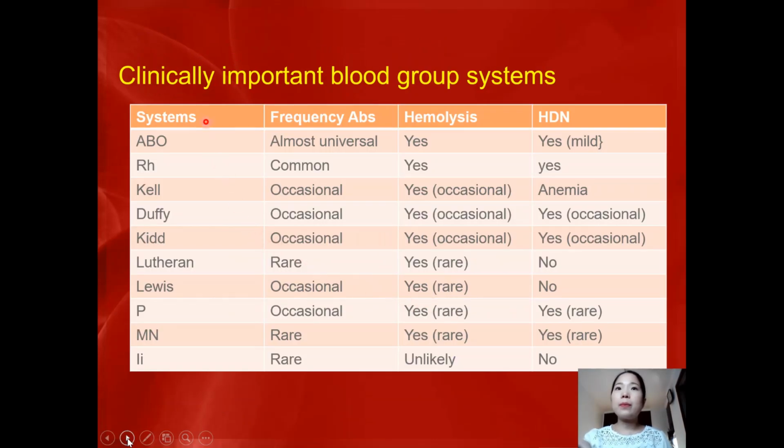There are clinically important blood group systems, but the first two are the most important. These are your ABO blood group system and your RH blood group system. The rest, the KEL, the Duffy, the KID, are also clinically important blood group systems.